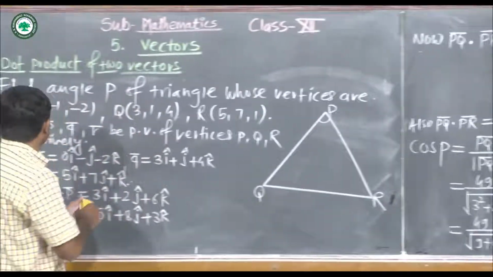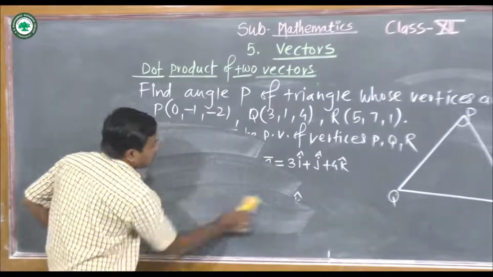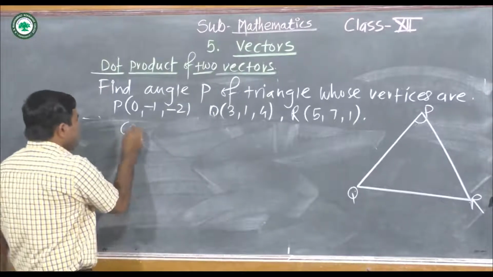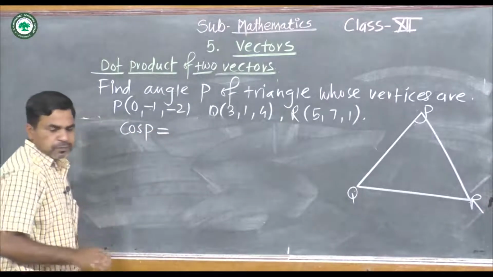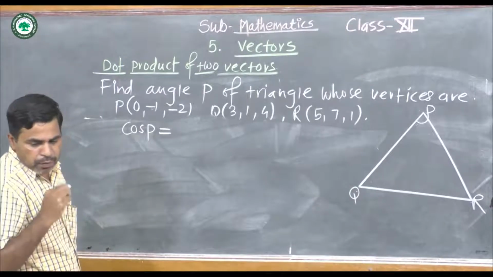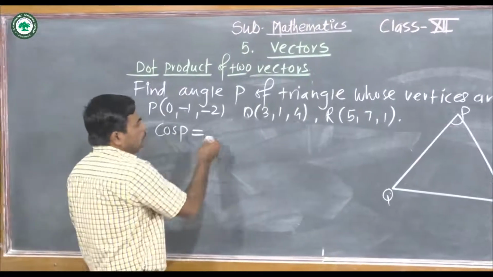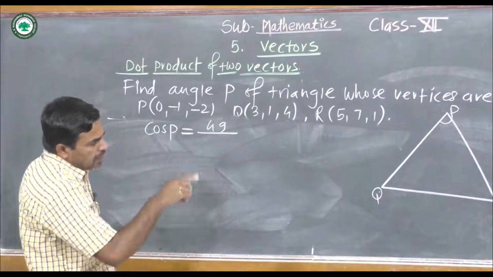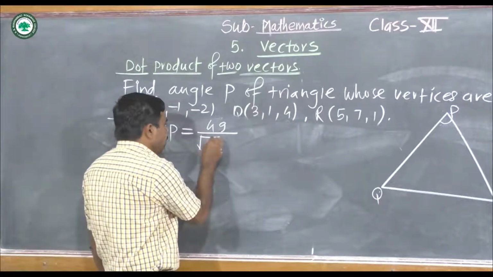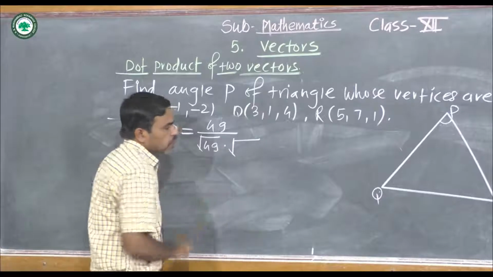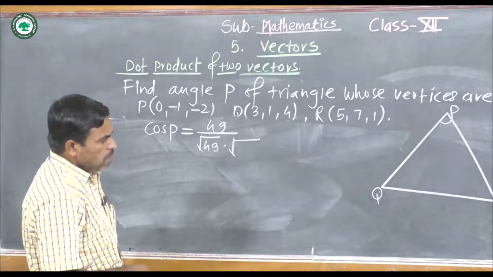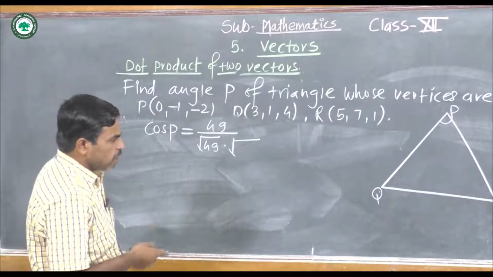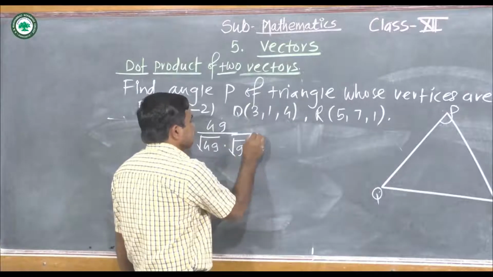So cos of P is equal to 49 divided by, see, 9 plus 4 is 13, 13 plus 36 is 49, square root of 49, into square root of 25 plus 9 is 34, and 34 plus 64 is 98. It is 98.